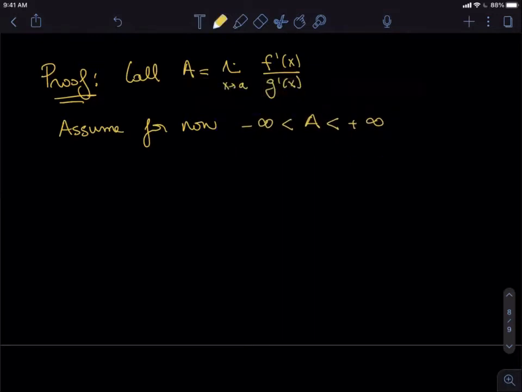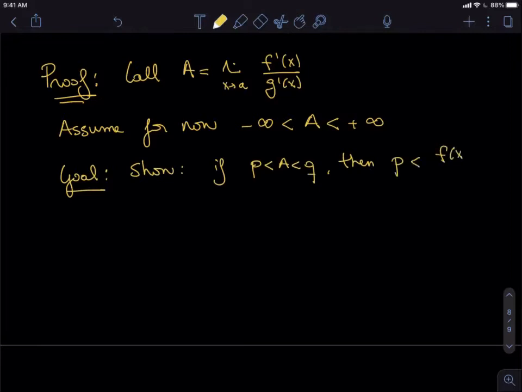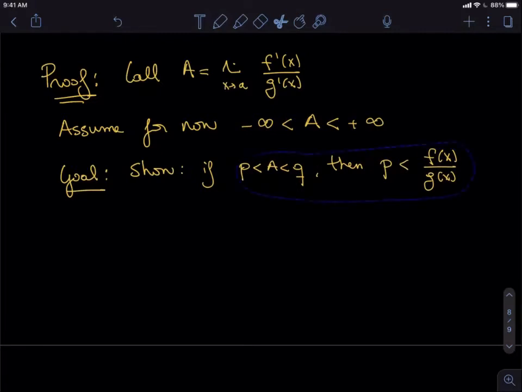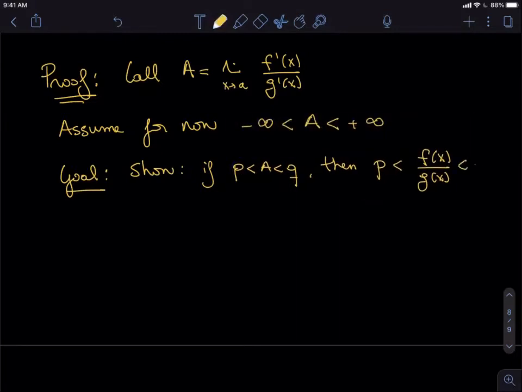Okay, anyway, our goal here is to show that if A is in between two numbers P and Q, then the quotient f of x divided by g of x is also between those two numbers. Remember, A is the limit of the quotient of the derivatives as x tends to a.